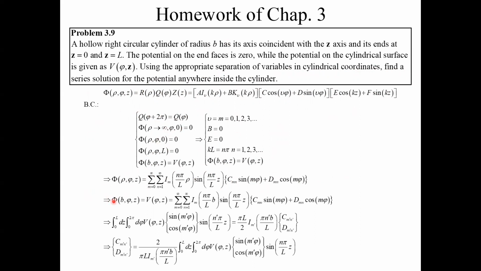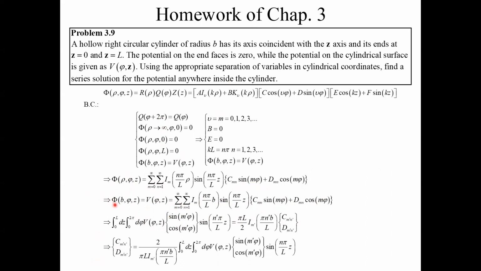And next we use a boundary condition on the two ends. It should be equal to the potential function of phi and the z position. Okay, and we do the orthogonal integral, and we will get the answer here.